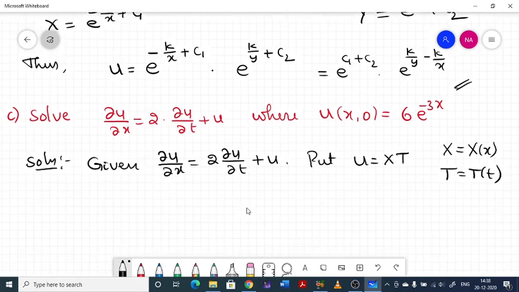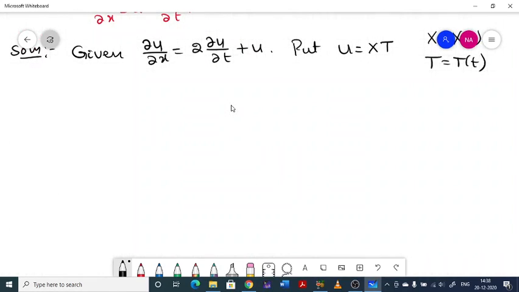Now substituting this, that means substituting for u in the given equation, you will get dou by dou x of capital XT equal to 2 into dou by dou t of capital XT plus capital XT.